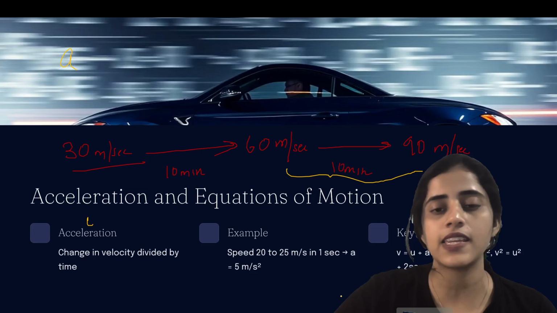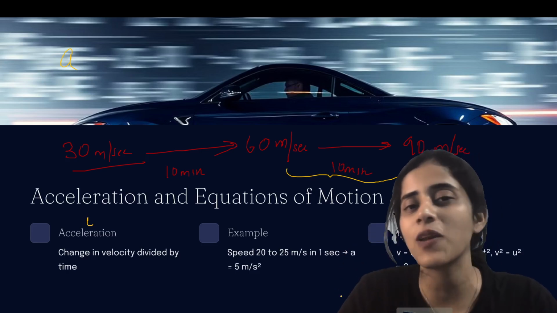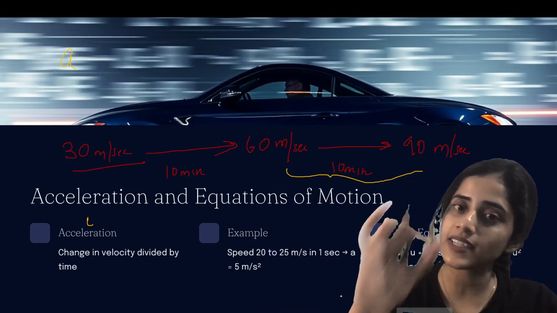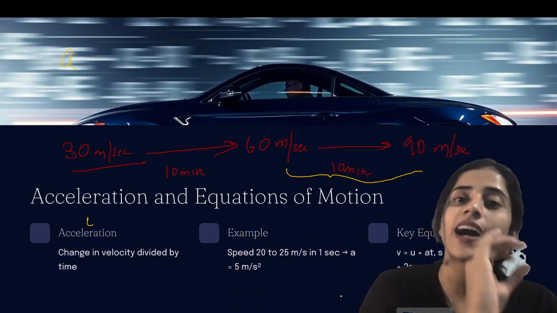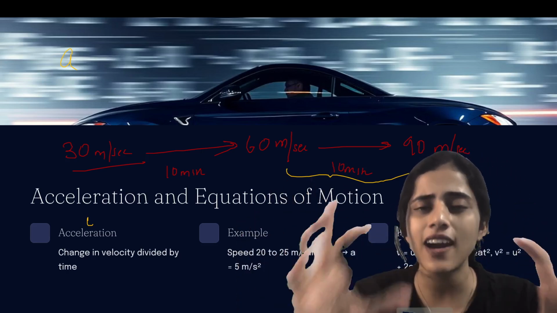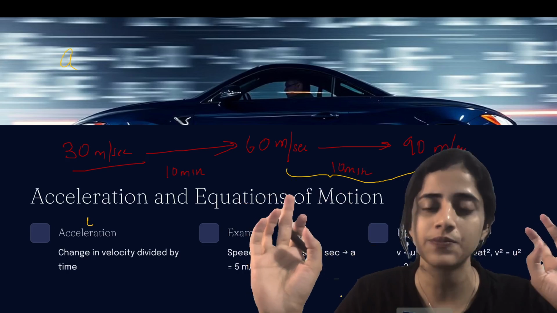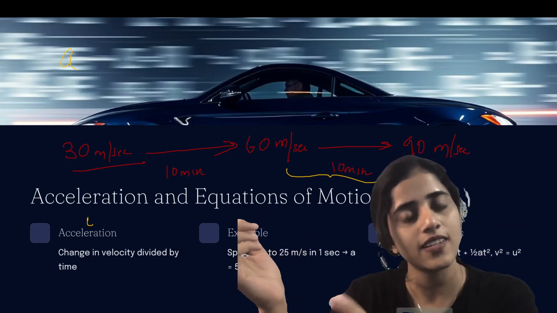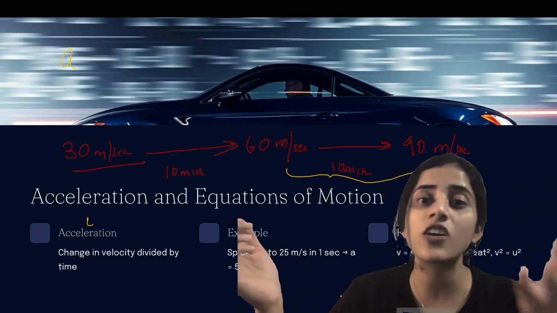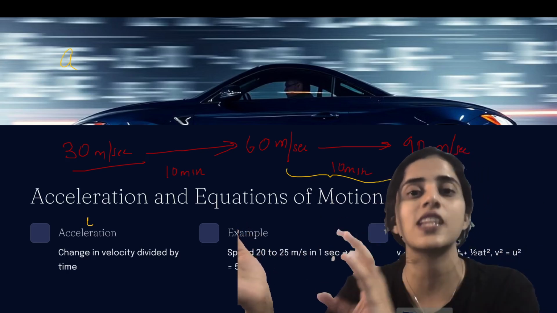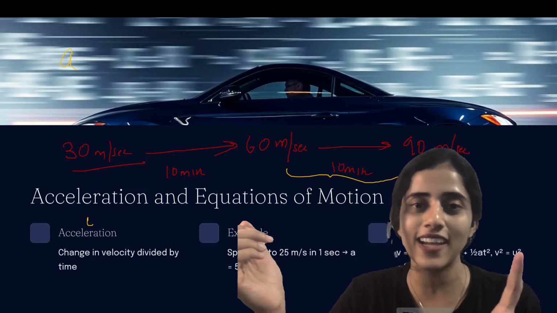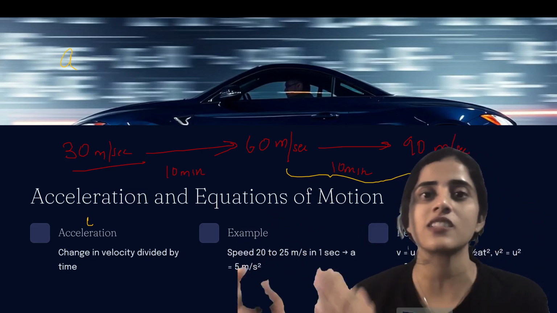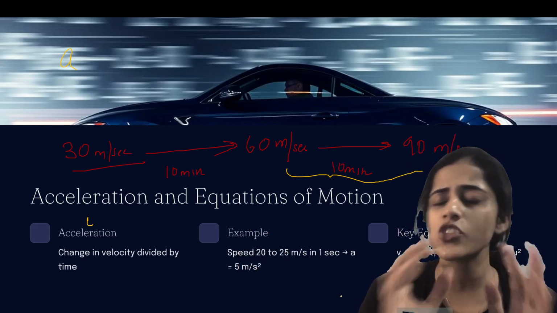So what can you see here? You might all be confused, ma'am, what is happening. Okay. It's very simple. See, the speed is continuously increasing and the car is accelerating. But the car is accelerating uniformly. That means every 10 minutes, the acceleration is 3. So the speed is increasing with a constant value of acceleration, which is 3. Okay? Do you get that? So the car is accelerating with a constant value of 3. Now this is just one case.